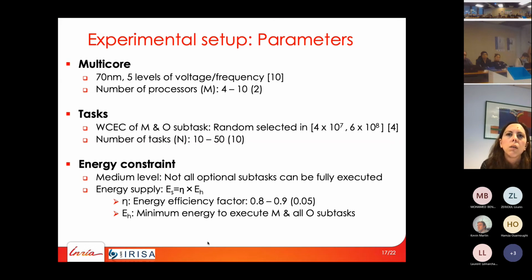Yes, that can be interesting, extending to multi-periodic tasks. But this was the first work on the analysis between imprecise computation tasks and DVFS, so we focused on a simple task model and tried to formulate this as a first step.